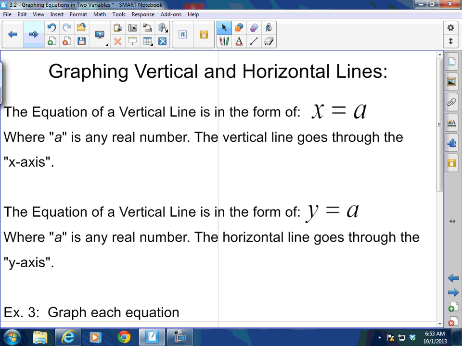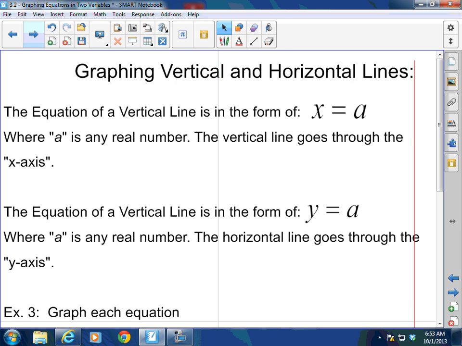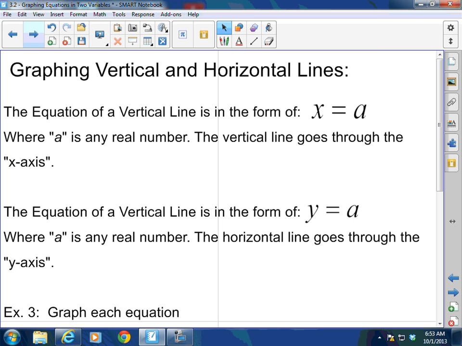One thing before we move on to some practice, let's talk about graphing vertical and horizontal lines. First of all, vertical and horizontal. Let's see how we can remember this. Remember that horizontal is like the horizon. Think about going to the beach or even a large lake, and you look at the horizon.